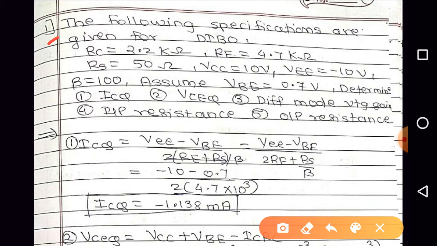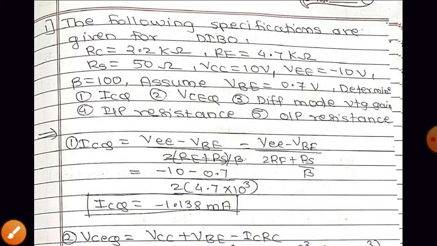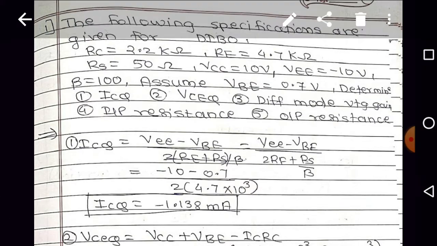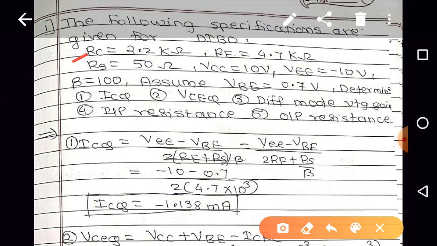They mention the dual input balanced output differential amplifier, and the given things are RC is equal to 2.2 kilo ohm, RE is equal to 4.7 kilo ohm, RS source resistance is equal to 550 ohm, VCC is equal to 10 volt, VEE is equal to minus 10 volt, beta is 100.